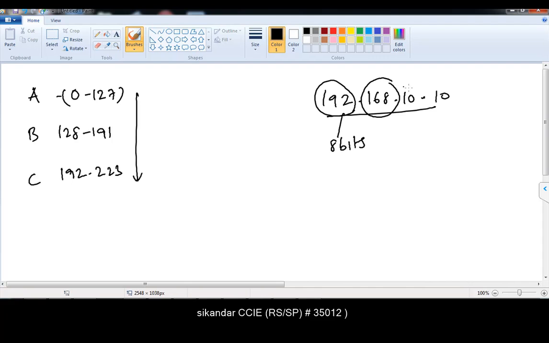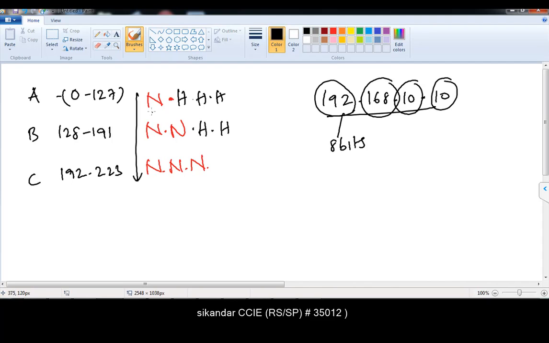These 4 portions are again further divided into 2 parts: the network part and the host part. In general, in A class there is 1 network portion and 3 host portions. In case of B class, 2 network and 2 host. In case of C class, 3 network and 1 host.